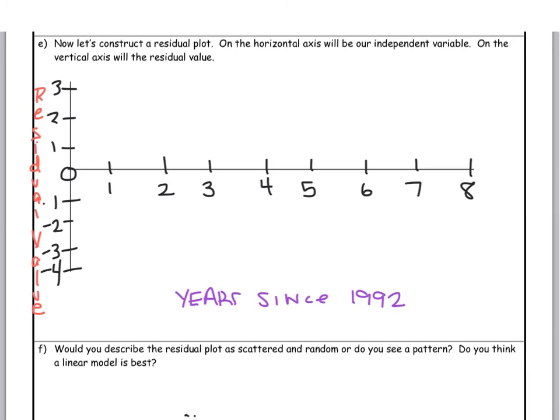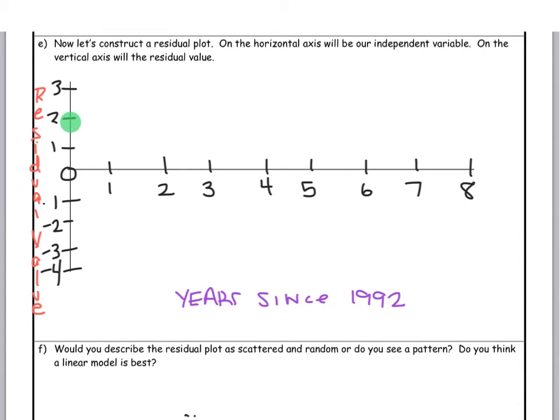Now we're going to graph our residual values. So in 1992, when x was equal to 0, that's the years after 1992, our residual value was 2. So 0, 2. At 0 years, our residual value is 2. So we're going to put a dot right there. Let's make a bigger dot so we can see it.